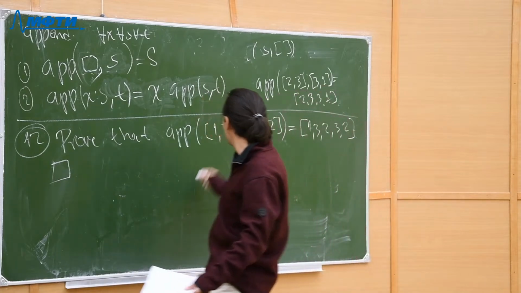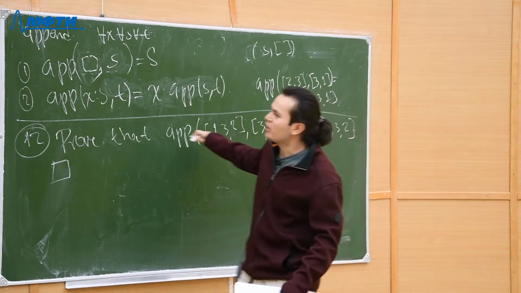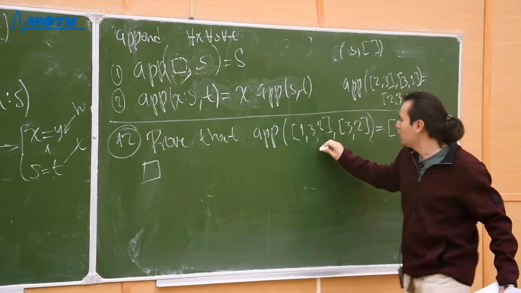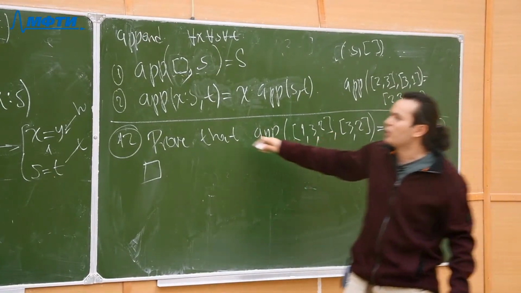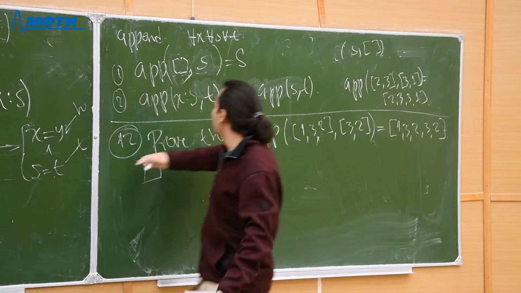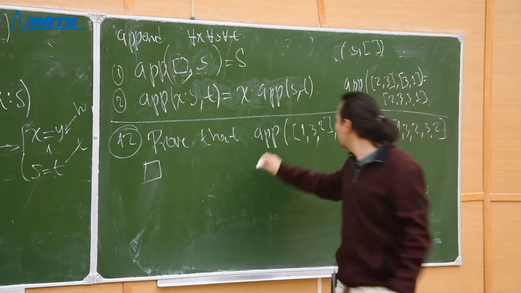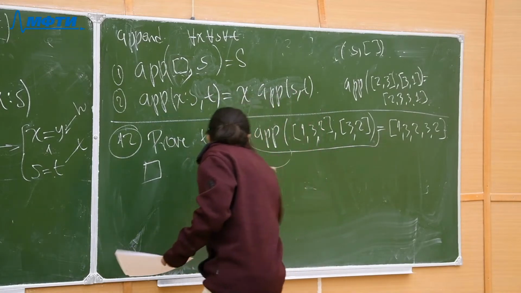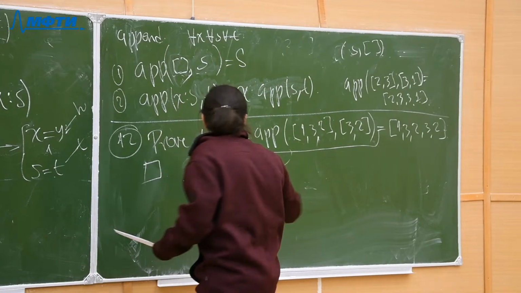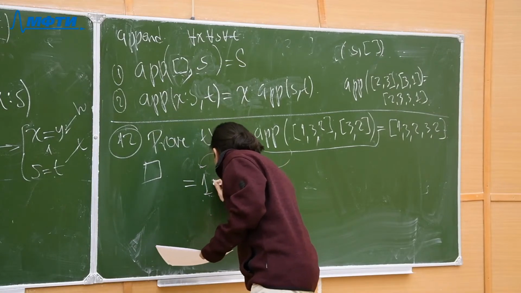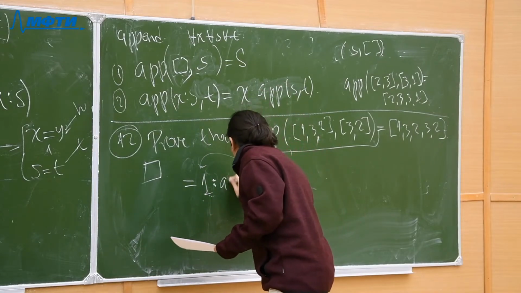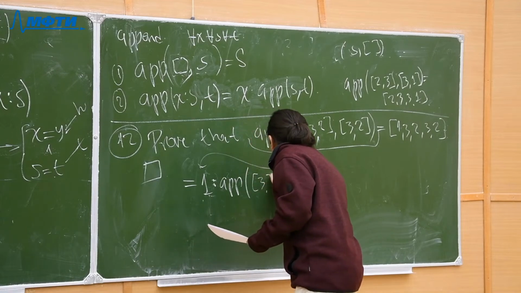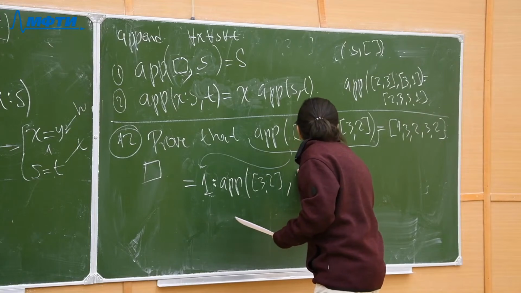Yes, but we know that from the definition. So every time we write this, it will be clear that we are talking about this. Then we need to use this one. Then we write 1 column append of what? 3, 2 and 3, 2. Okay.